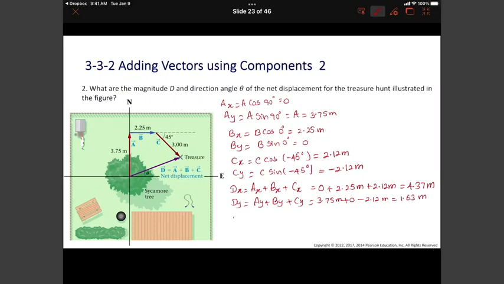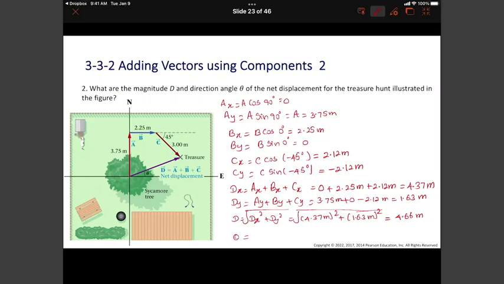Therefore, the magnitude of the vector D is the square root of Dx square plus Dy square. Here it is 4.37 meter square plus 1.63 meter square, and we take the square root. So the value is 4.66 meters. And now the angle is given by tan theta, which is Dy over Dx.